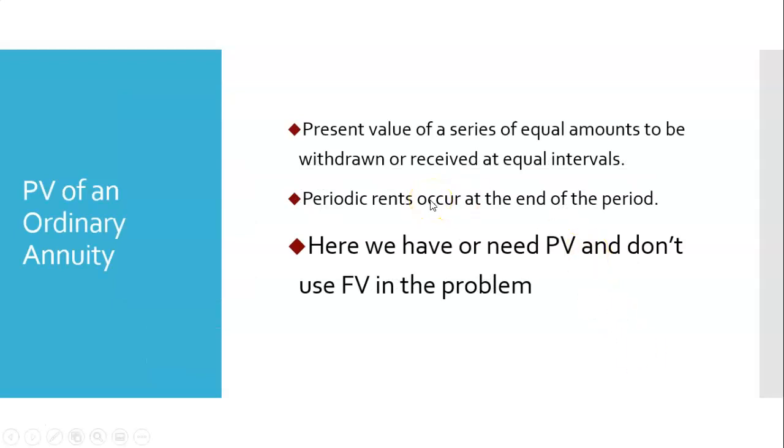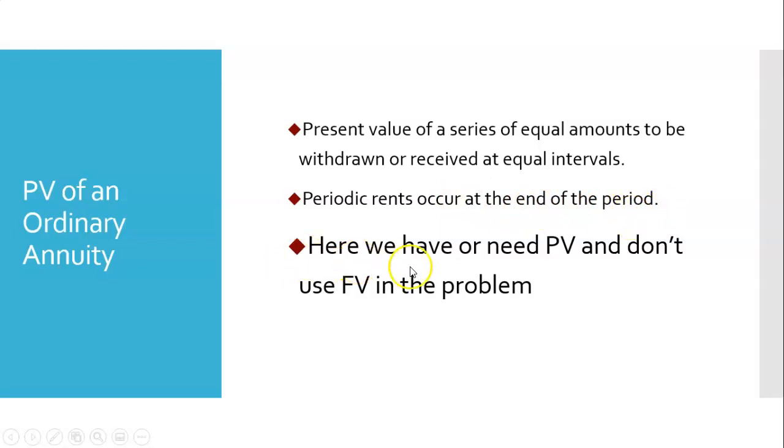Okay, so that was all discussing the future value of an ordinary annuity. Now we're going to turn our attention to the present value of an ordinary annuity. Okay, and that's where we either have or need the present value of a series of equal amounts. Okay, and the periodic rents occur at the end of each period still.